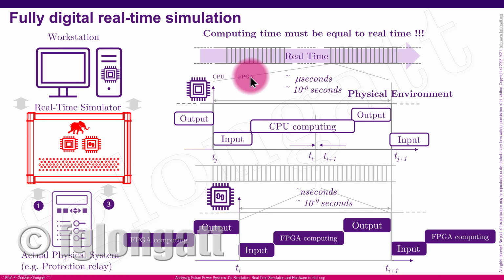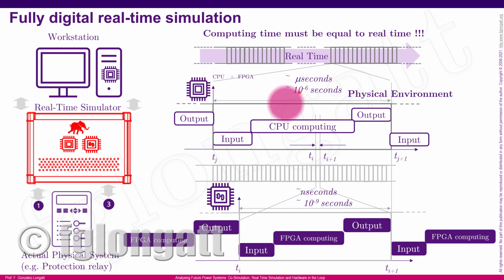What I'm telling you is that inside the real-time simulator, there are two different hardware, the CPU and the FPGA, okay? And when we are talking about CPU and FPGA, you need to understand that some equations are solved in the CPU, typically differential equations with high time constants, and when we have very small time constants, we use the FPGA.